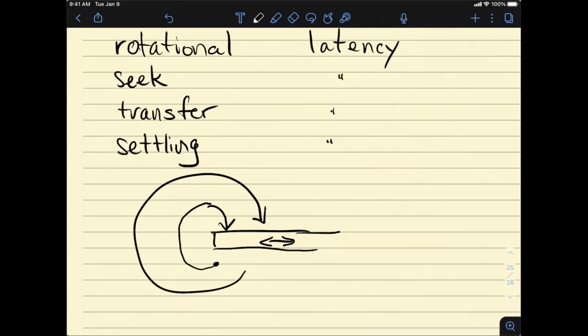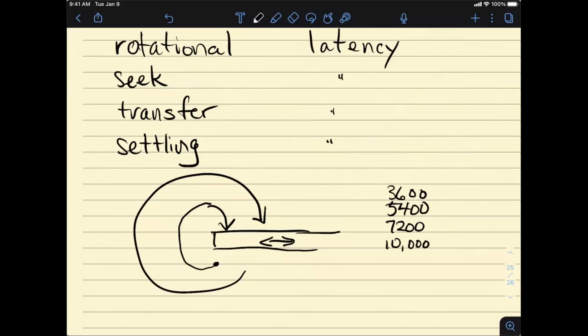So that's rotational latency, and it is fairly small. The faster that a disk spins, the smaller it gets. The popular drive speeds are 5,400, 7,200, and 10,000. I have also seen 3,600, but that's really rare as far as I know. The faster it spins, the more expensive the drive.